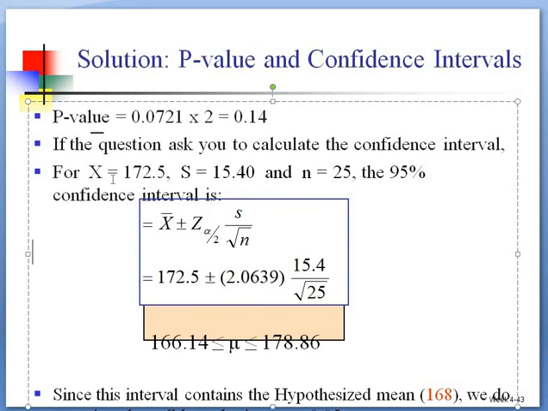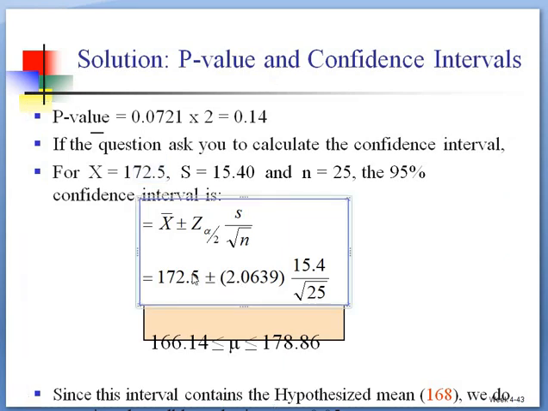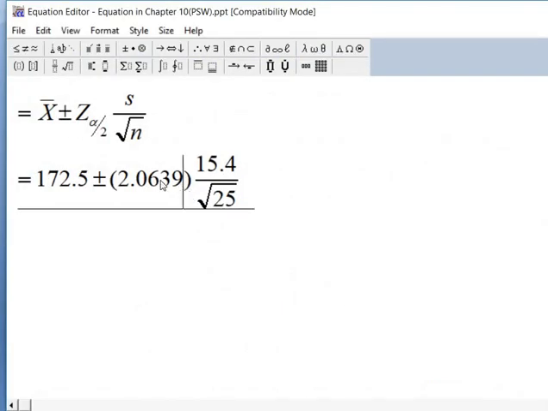From the question we know the sample mean is 172.5. We just substitute: 2.0639 is the critical value, 15.4 is the sample standard deviation, and n is our sample size.